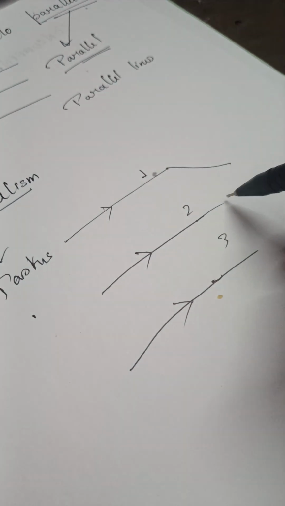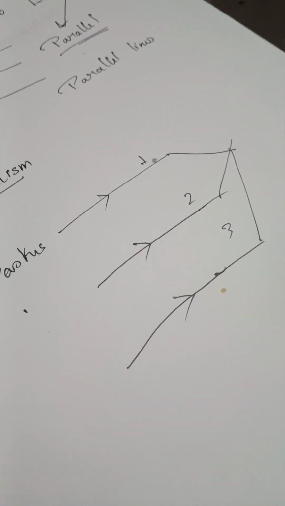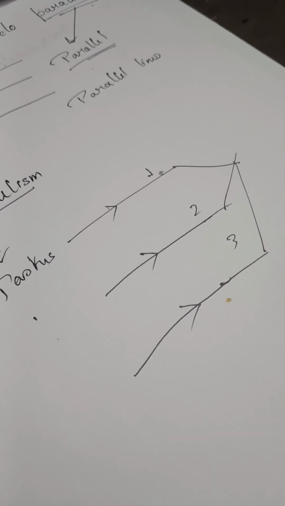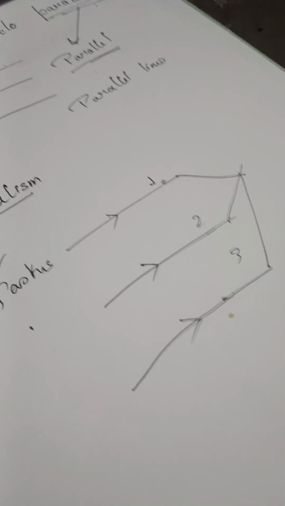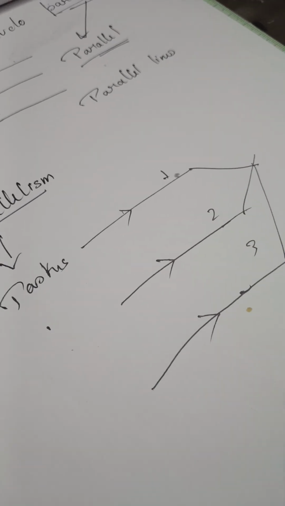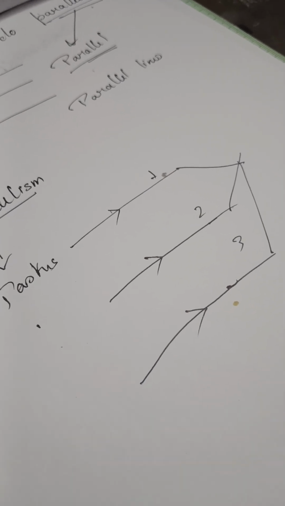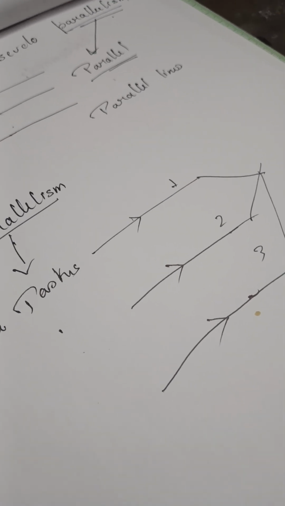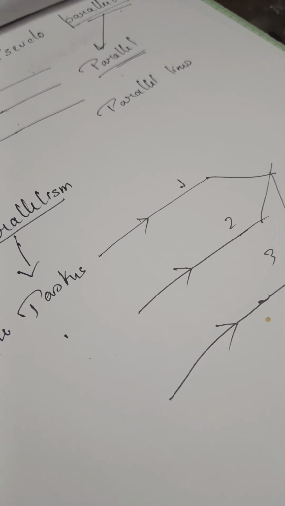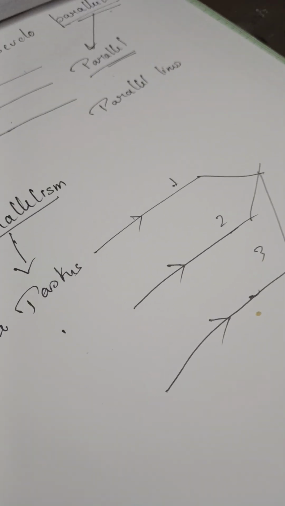So no task interferes with another. If it does, then it breaks the concept of parallelism. Parallelism is basically all the tasks we have running at the same time without interfering with each other. That is what parallelism is.